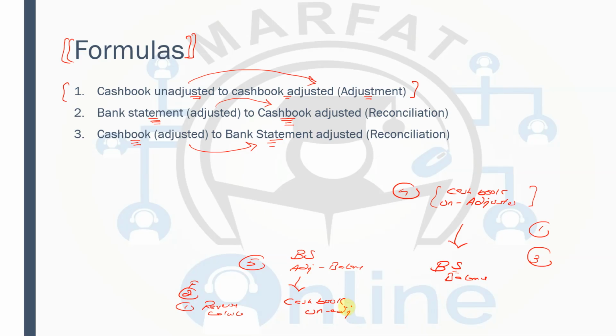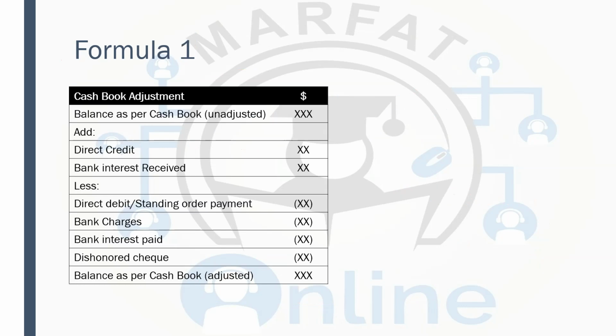So first of all, you will be applying formula number 2 to get the cash book adjusted balance, and then reverse the formula number 1 to go from cash book adjusted to the cash book unadjusted. Anyways, this is the simplest thing to understand, but you can get more about it while doing the questions.